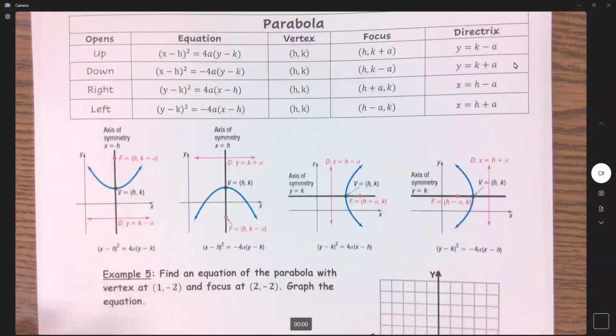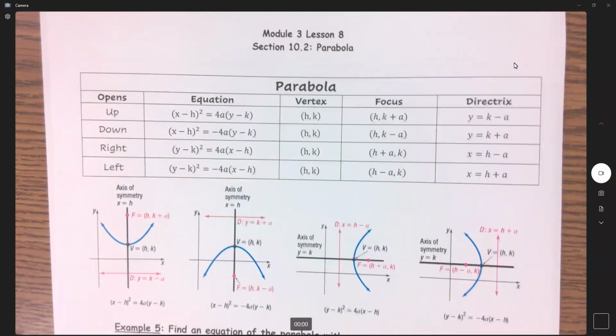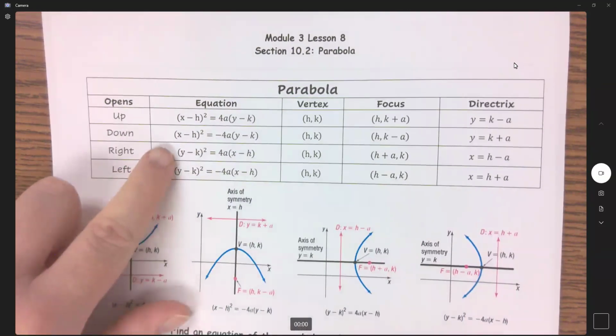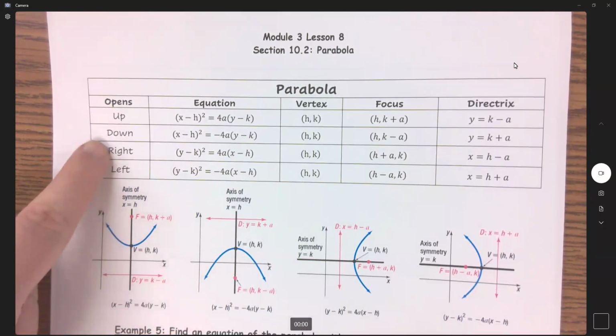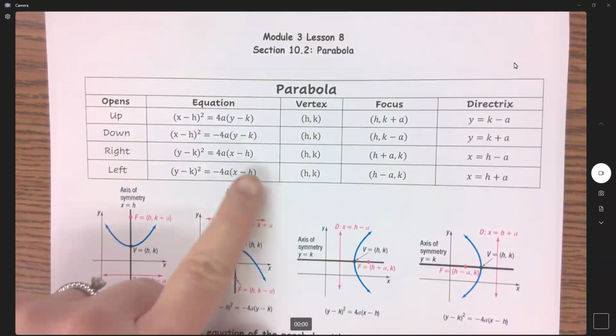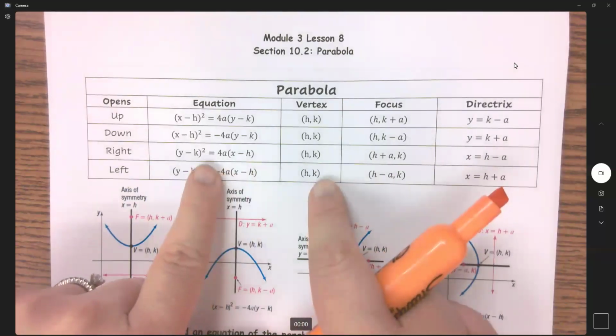One thing you need to be aware of, just like with the hyperbola, is that when your equation opens up to the left or to the right, notice that my vertex is out of order.